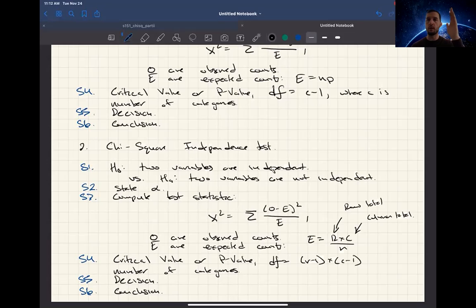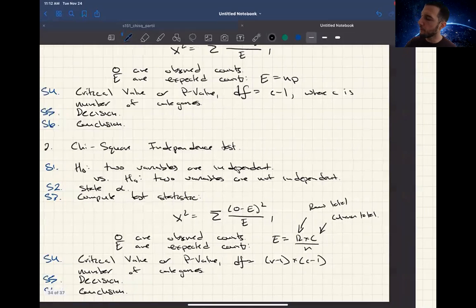One is used on one variable to determine if some pre-established pattern is being followed. The other is used on two variables to determine if they are independent of each other. So we have a lot of clues to tell us which one to use when.